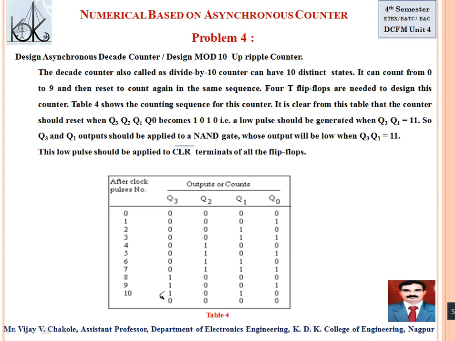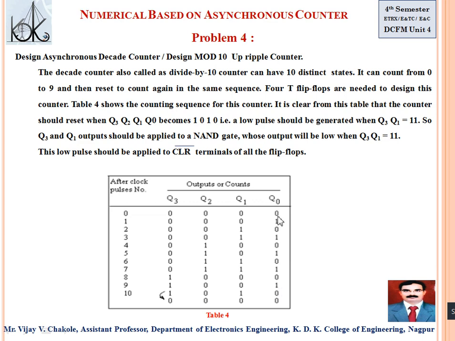Here total number of states are 10 and those states are 0 to 9. So it can count from 0 to 9 and then reset to count again in the same sequence. This counter moves 0 to 1, 1 to 2, 2 to 3, 3 to 4, 4 to 5, 5 to 6, 6 to 7, 7 to 8, 8 to 9, and after 9 you have to go to 0.